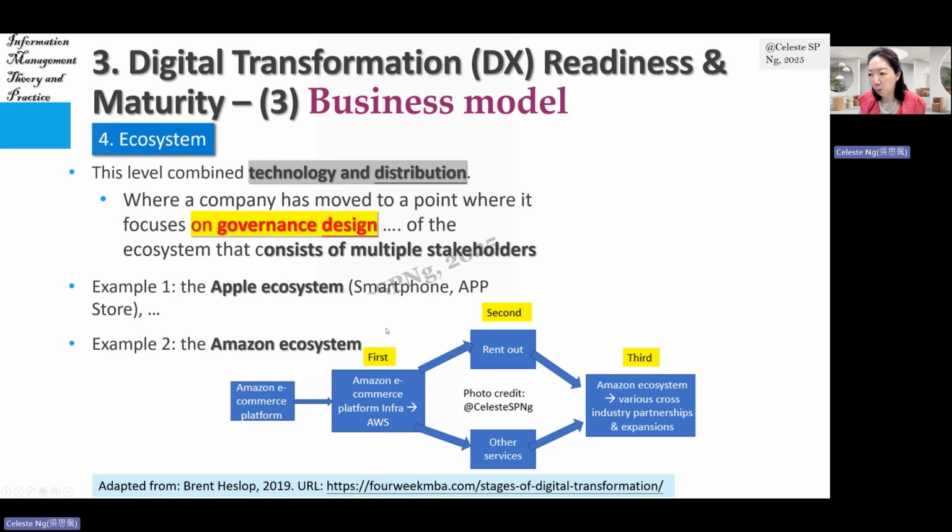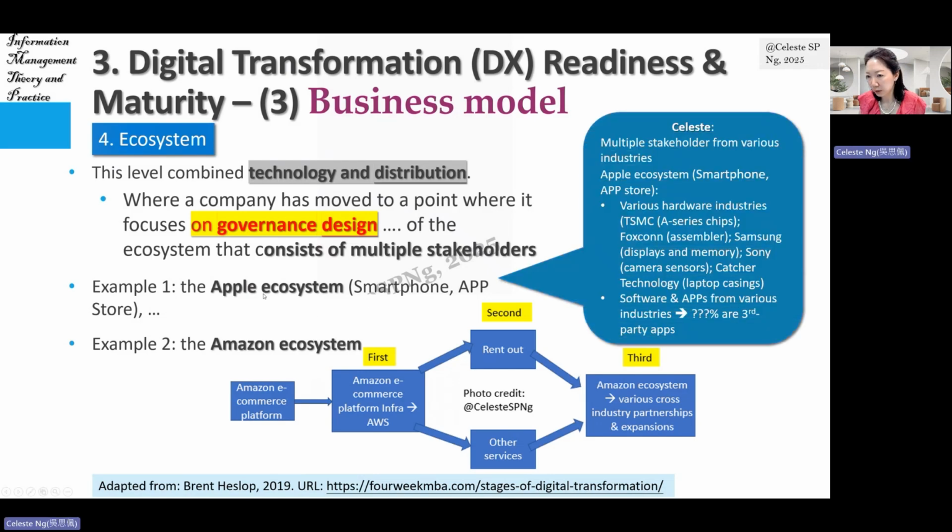Just take the Apple ecosystem as an example. The Apple ecosystem may consist of suppliers for the hardware part, and suppliers coming from the software or app part, right? So in the Apple ecosystem, there are multiple stakeholders coming from various industries. Just look at the hardware part. We have TSMC.